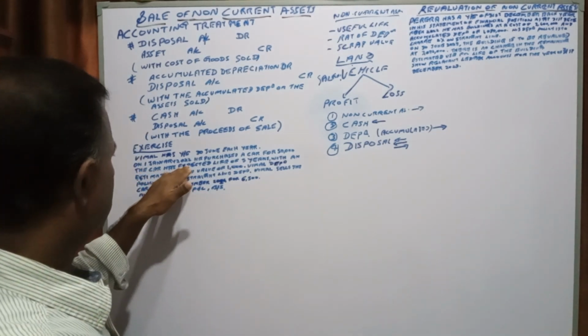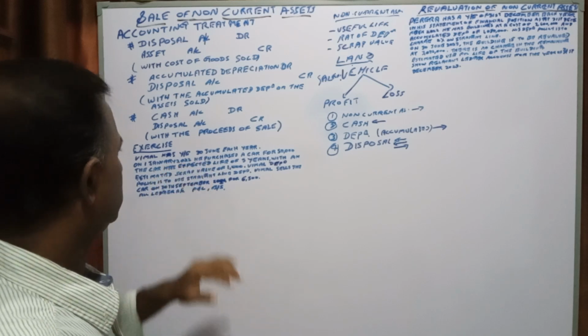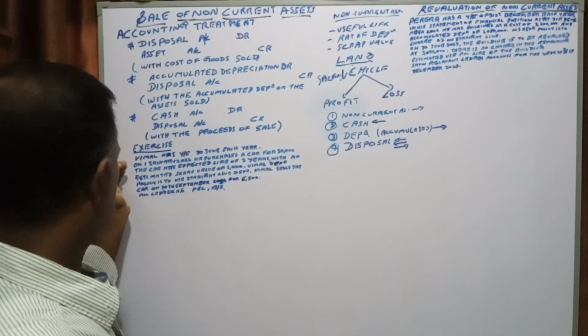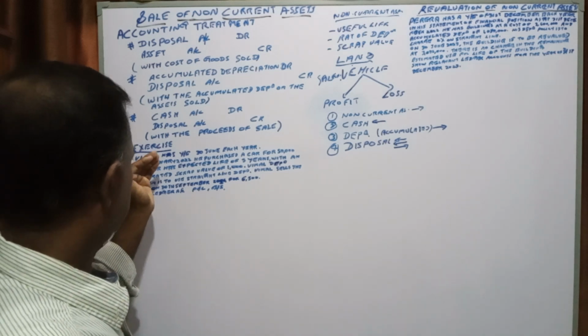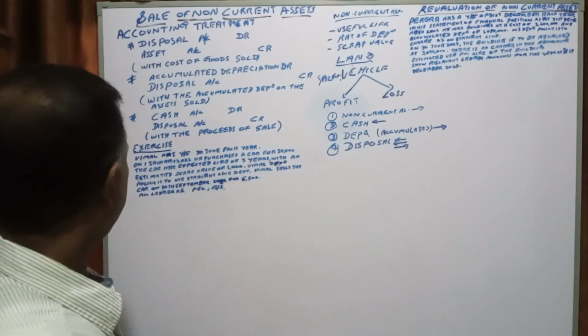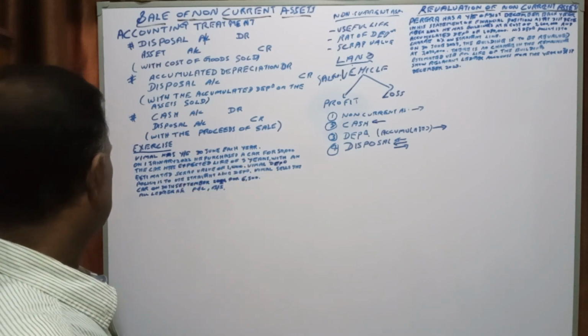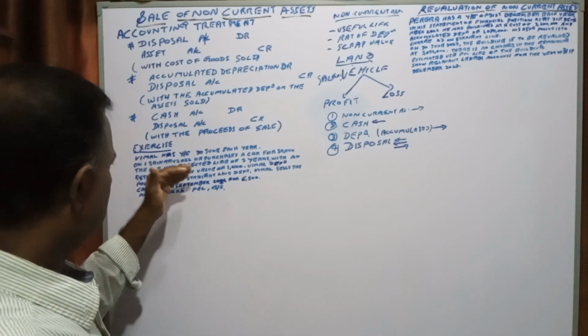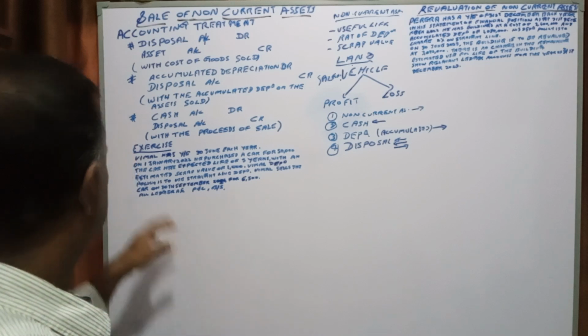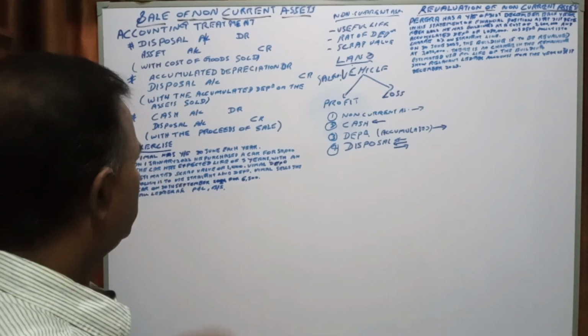On 1st January 2022, he purchased a car for 50,000. The car has an expected life of 5 years. First, you have a non-current asset.